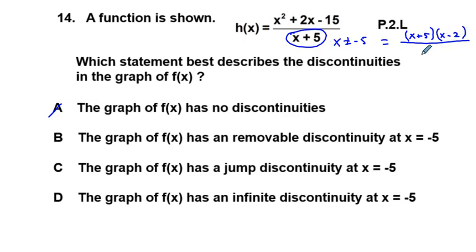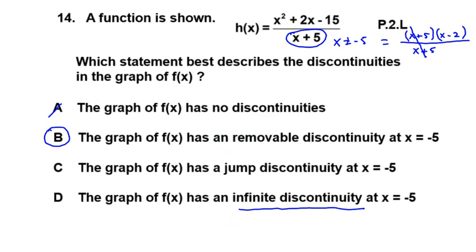And then we carry over what we had in the denominator, which is x plus 5. And so this x plus 5 and x plus 5 are going to cancel each other. So this discontinuity at, or x cannot equal -5 rather, that is a removable discontinuity. So that's what it is. There's no jump discontinuity. It is not an infinite discontinuity. An infinite discontinuity would be a vertical asymptote.